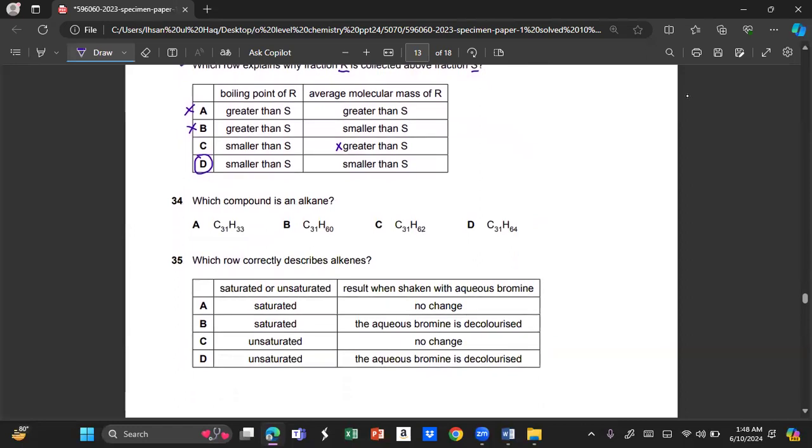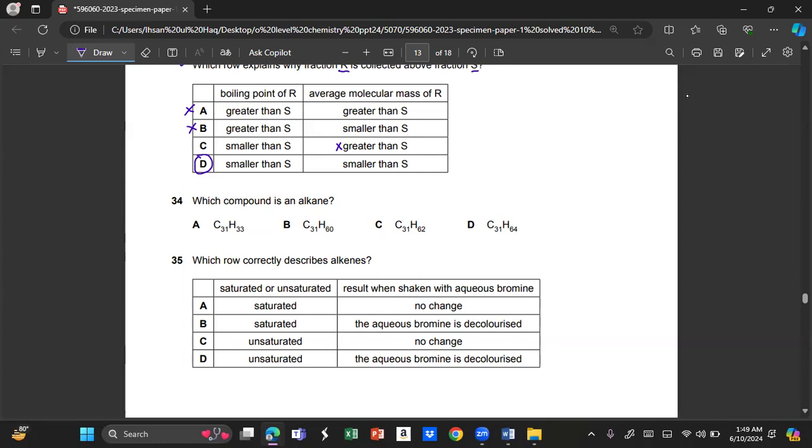Now, question number 34. Which compound is an alkane? Boys, this is a very common question. Keep in mind, this type of question is not only for alkanes, it can be for alkenes, alcohols, hydroxy compounds, carboxylic acids, etc. To answer this type of question, we need to know the homologous series and the general formula of the homologous series.